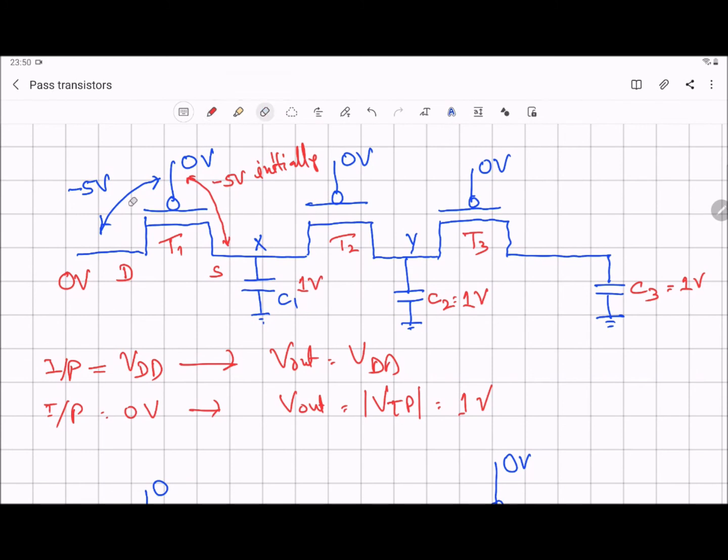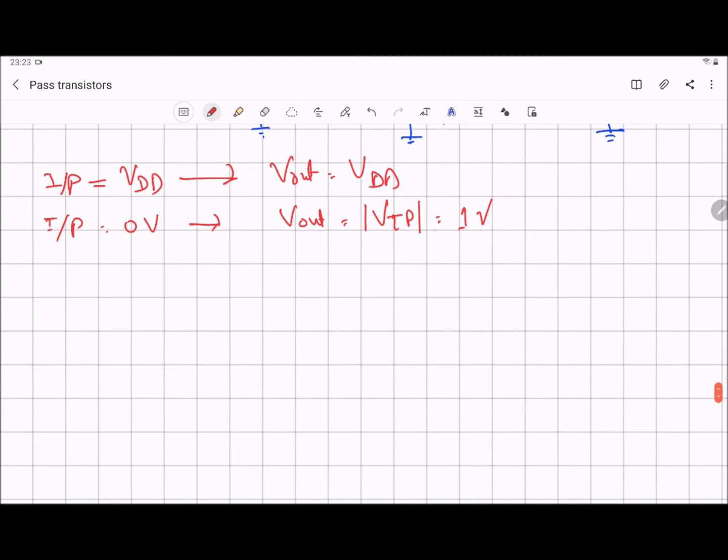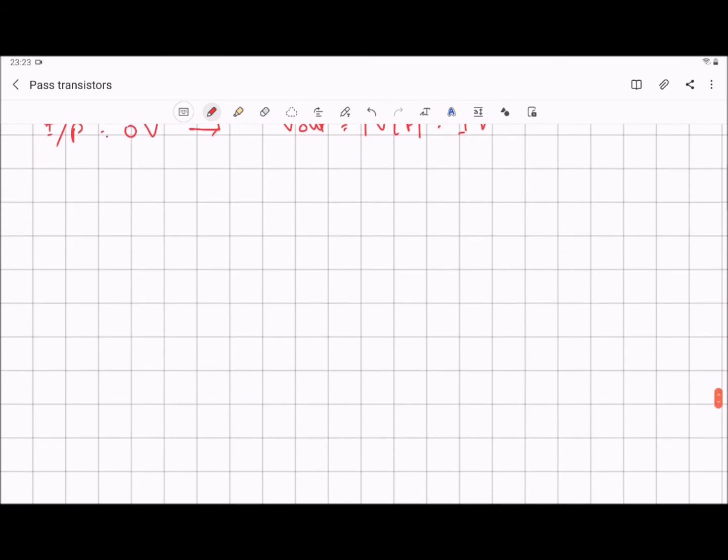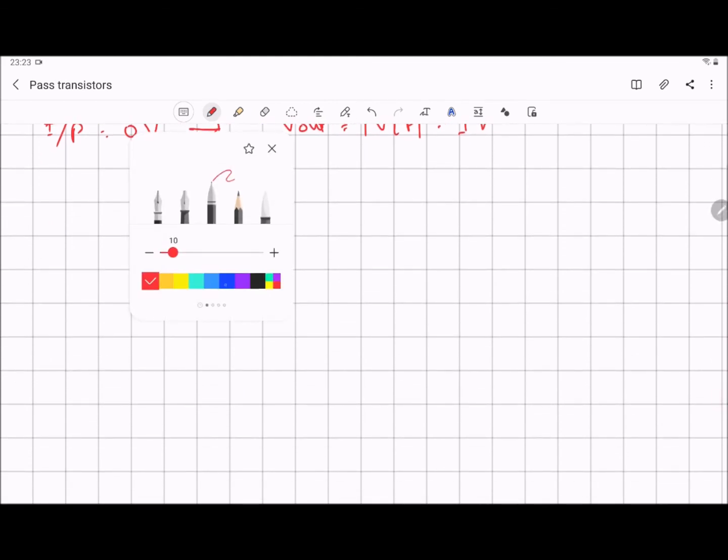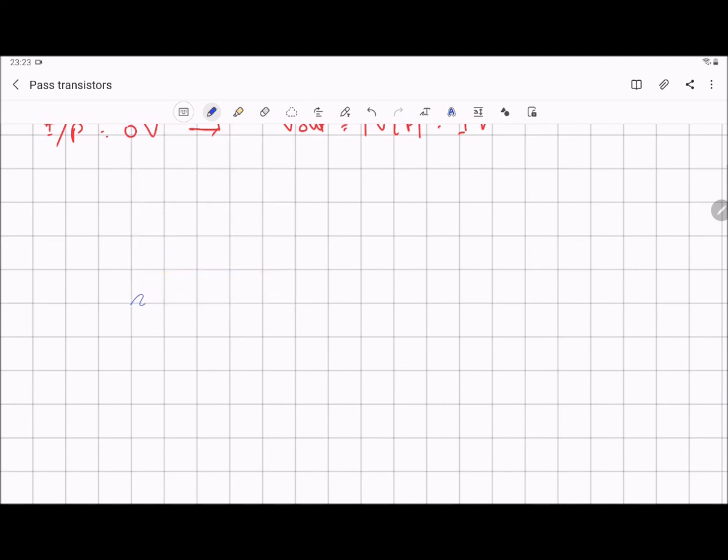So in this circuit we have a small correction. What happens if we change the transistor connection? Okay, so now the transistors are connected as shown in the figure.